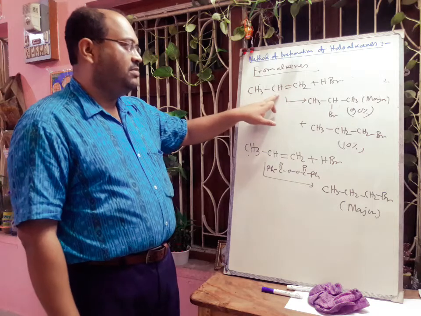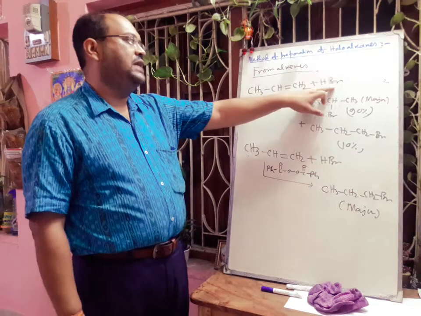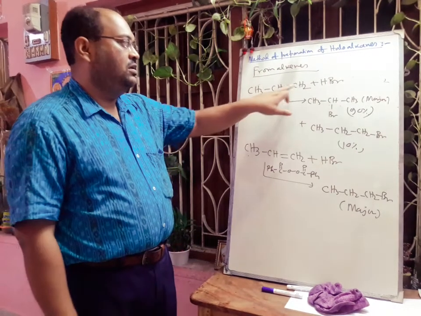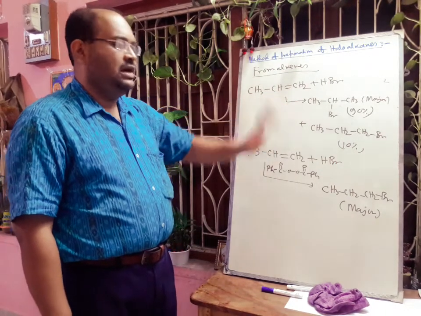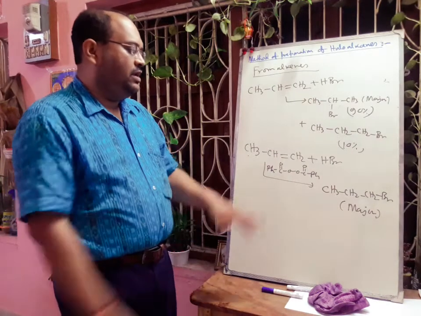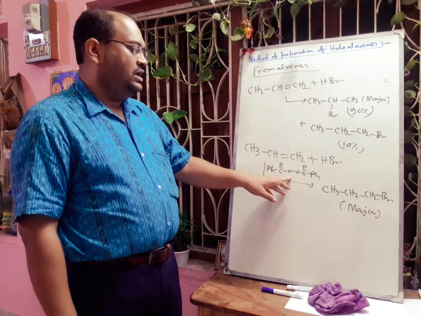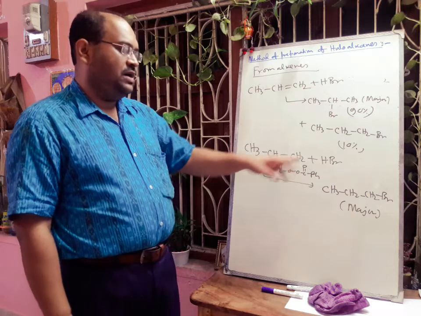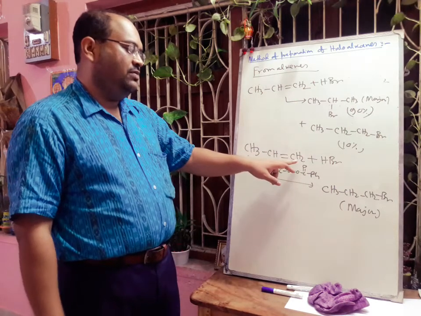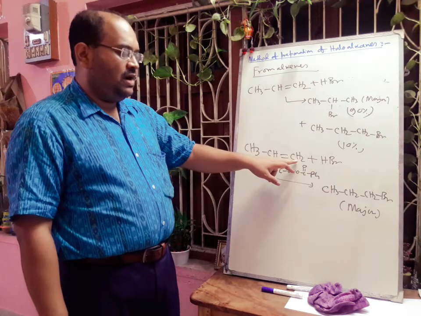So here is the least number of hydrogen atoms, so the negative part of the addendum will be added here, not here. So this is the Markovnikov rule. And whenever we are using that peroxide, that is called Kharasch effect also, here it is just opposite: the negative part of the addendum is added where there are more hydrogen atoms.